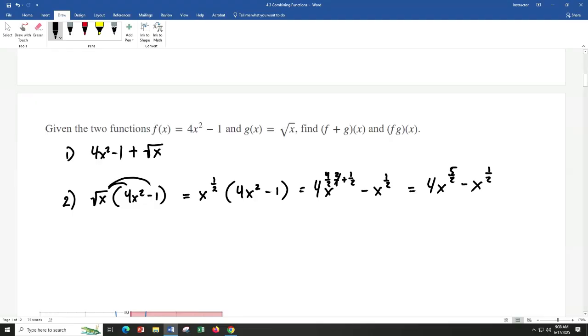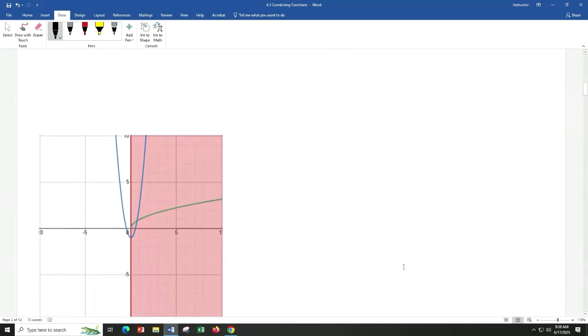What would be the domain? Well, I show you the domain. Whenever I show you this function, I'm going to show it to you right here. Notice those are my two functions. Here is my square root of x. Here is my 4x squared minus 1. But notice it's the intersection, the red area. That would be my domain. Where do I get the domain from?